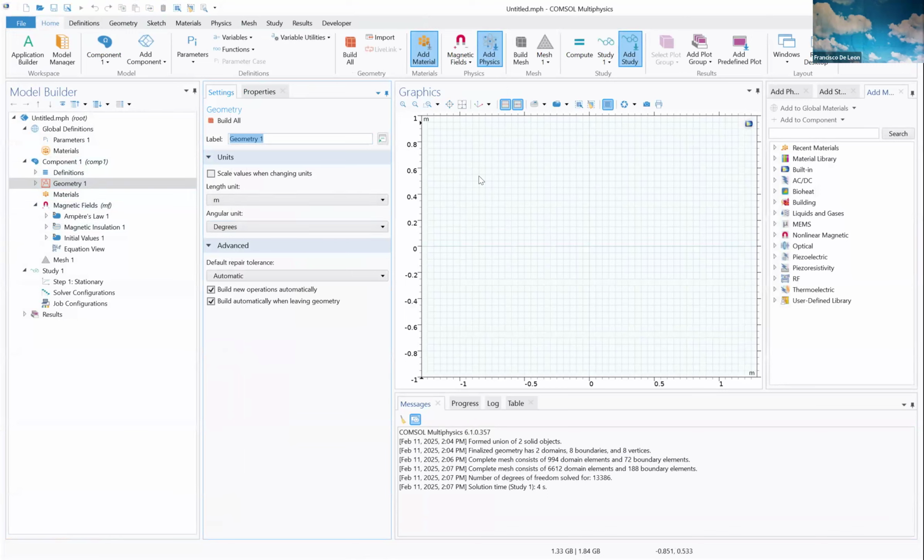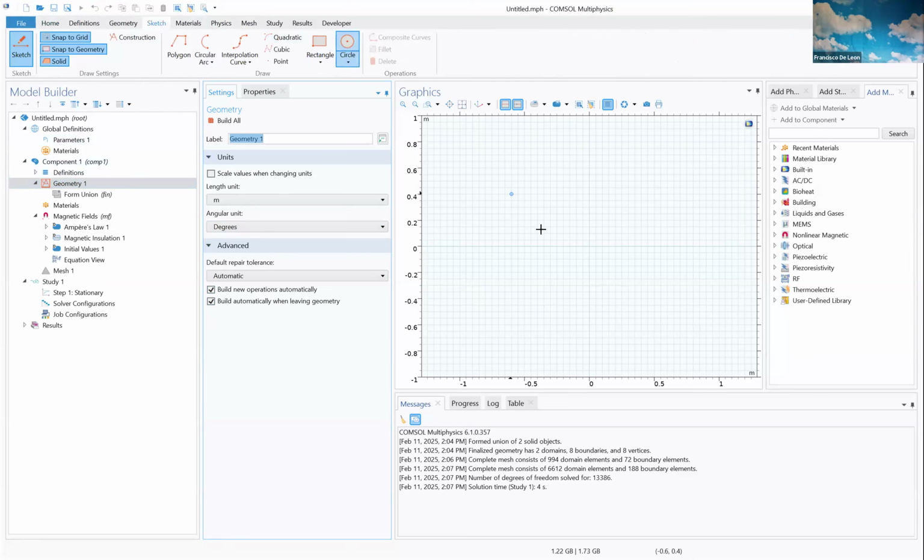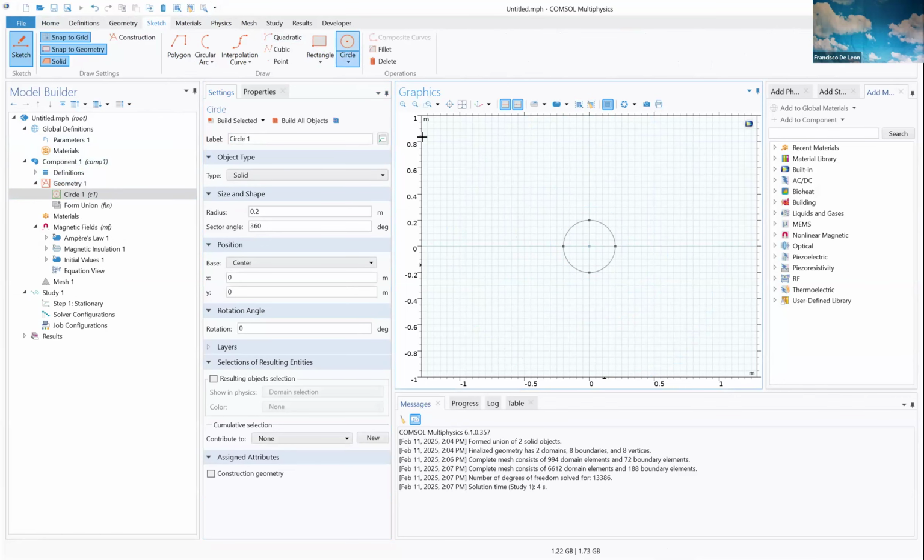Okay, the same way we will create the geometry. Since this is the very first class, I didn't want to edit that case, so I'm just creating this separate case for simplicity. For the geometry, there's the option sketch, circle, same way. Let's suppose that's the conductor size, and it's a separate one.